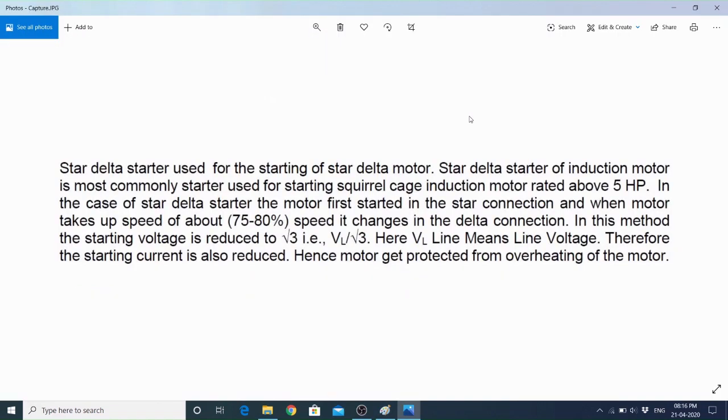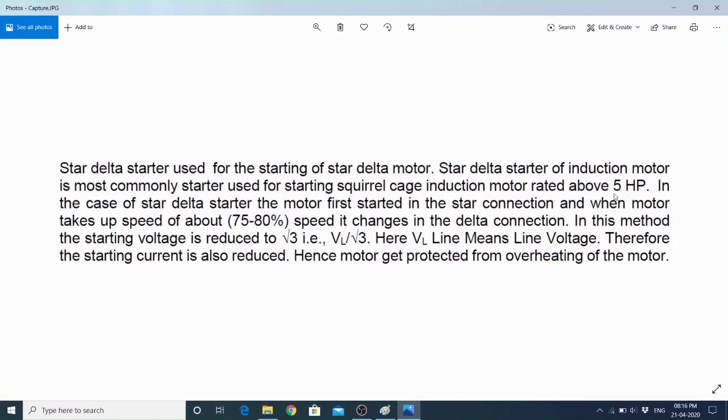now the question will arise why and when we will use the start delta starter to start the induction motor. You can see that here it is written that start delta starter is used for the starting of induction motor. Start delta starter is the most commonly used starter for the starting of squirrel cage induction motor rated above 5 HP.